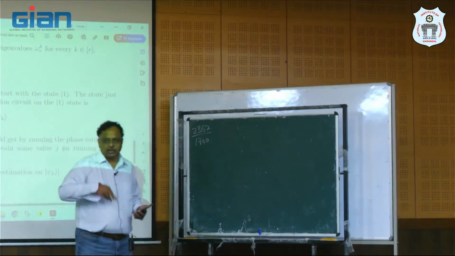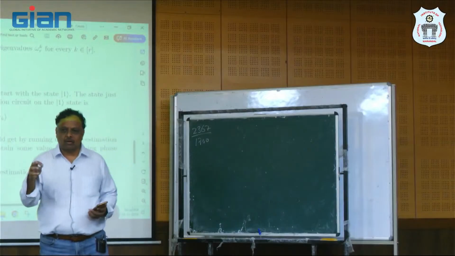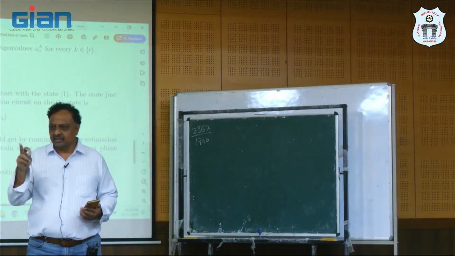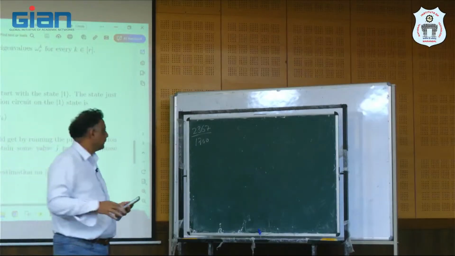By the way, let me also mention Euclid's algorithm for finding GCD. How does Euclid's algorithm work?